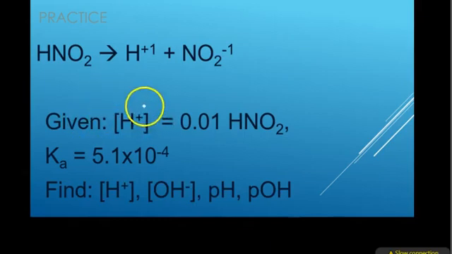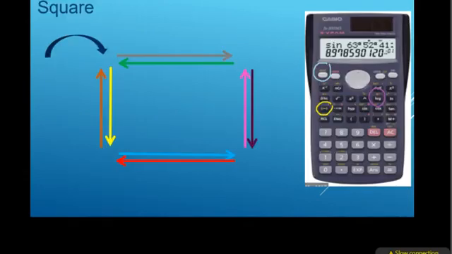Oh, they're not telling you the H plus, this is the molarity. So 0.01 molar of this substance, with the Ka value of that. So that's a weak acid.